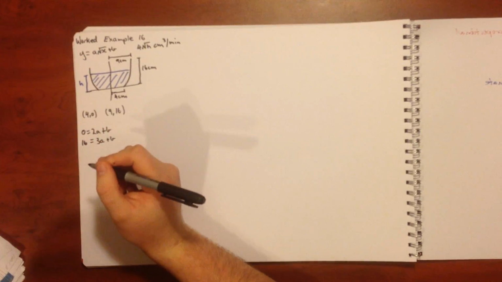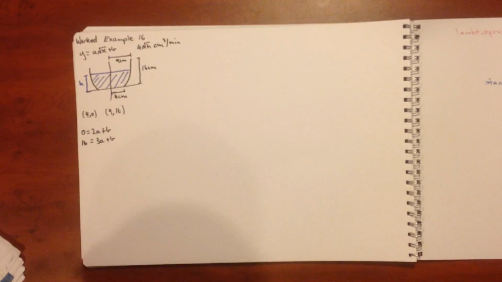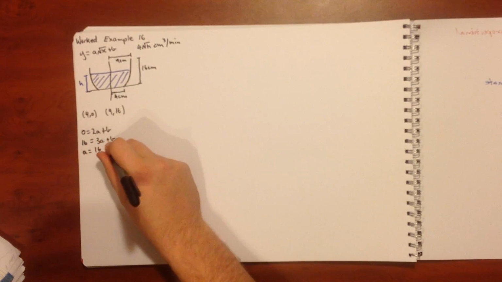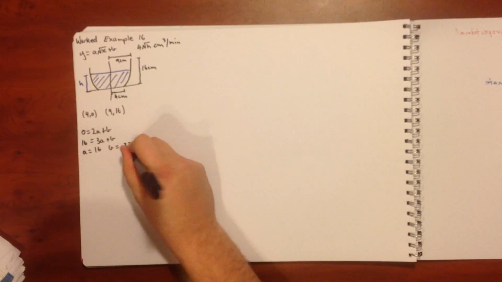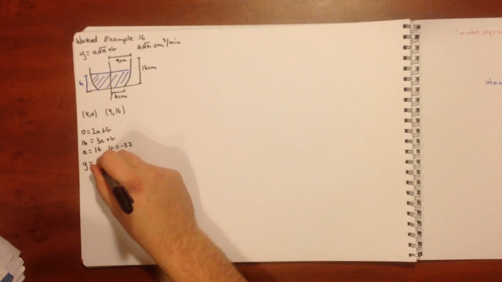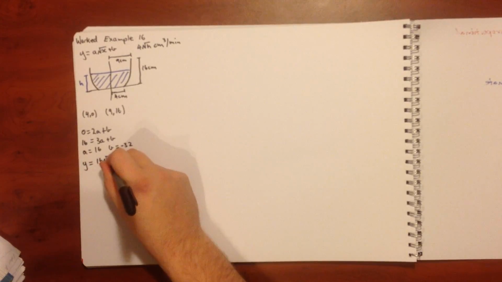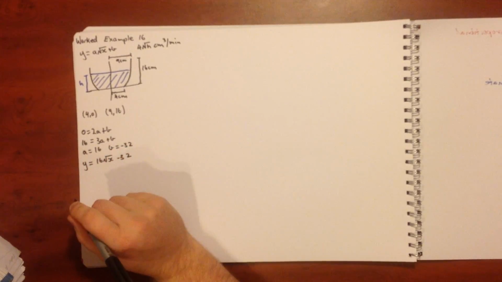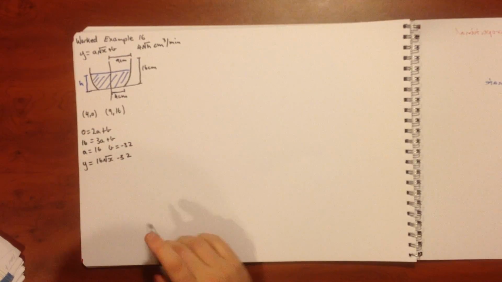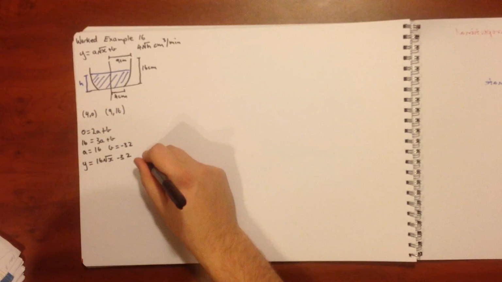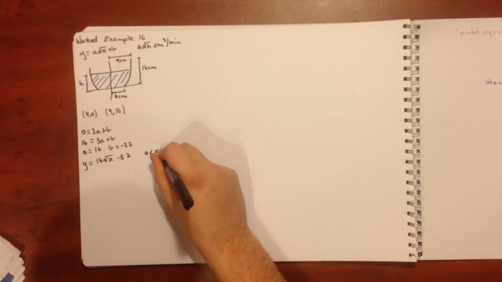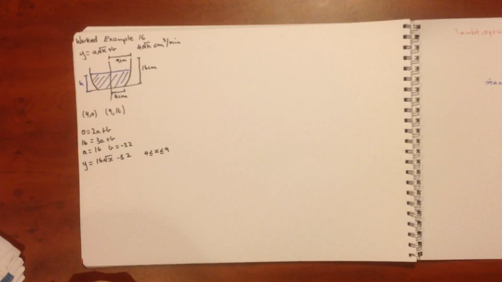When we solve that simultaneously, we get a equal to 16 and b equal to negative 32. So our equation becomes y equals 16 root x minus 32. The vase is formed when this curve between x equals 4 and 9 is rotated about the y-axis.